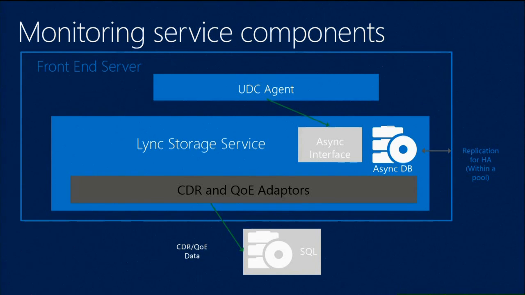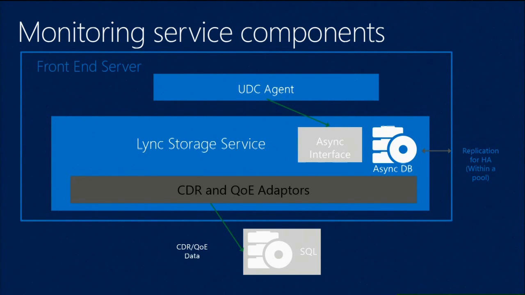So the request from the client comes to a specific front-end server in a pool. The responsibility of the UDC agent is really to capture this data and push it over to the Lync storage service. Now, this Lync storage service is obviously a piece of code, but a piece of code that also talks with the SQL Express.